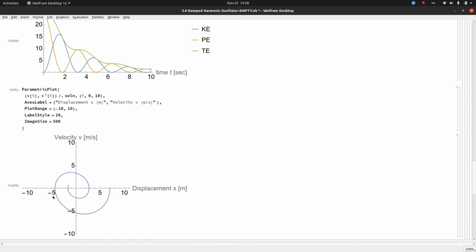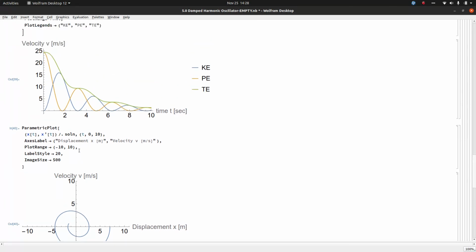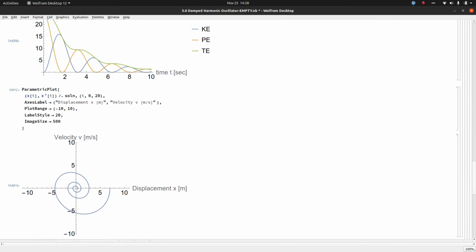X starts to become negative, but the velocity starts slowing down until velocity becomes positive. When velocity becomes positive, x starts increasing. And you can see if I plot this for a large enough time, the displacement and the velocity starts to spiral into the center.